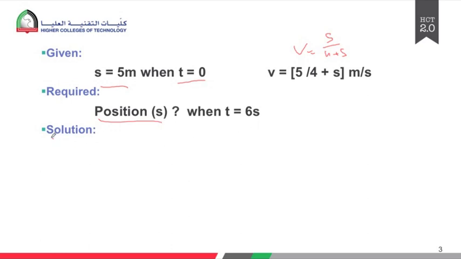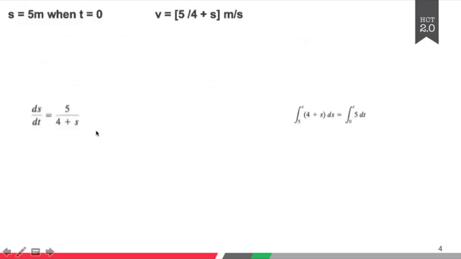So I'll begin the solution by referring to a very important equation that we studied in the beginning of this course, which states that the velocity is equal to ds over dt. And as you know, one of the givens of the question is v is equal to 5 over 4 plus s.